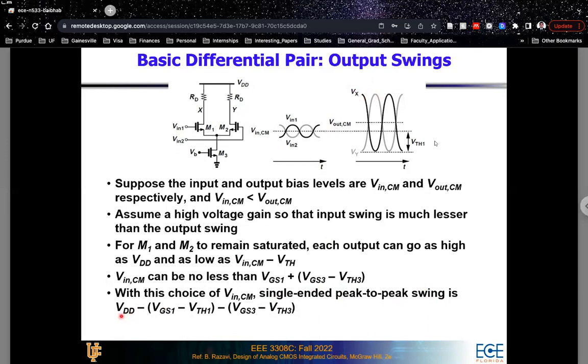So the maximum value could be VDD, but the minimum value could be Vin,CM minus VTH. And now if you put the minimum value of Vin,CM to be this, then the minimum value of your output signal will be VGS1 minus VTH1 plus VGS3 minus VTH3. So that's the overall range within which your single-ended peak-to-peak swing will be observed.